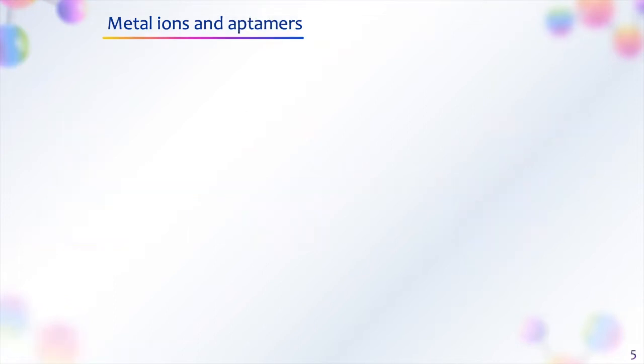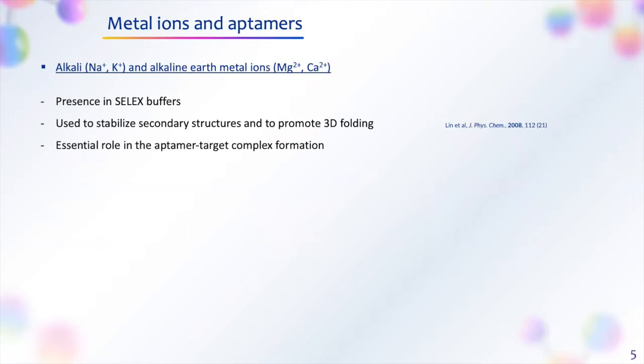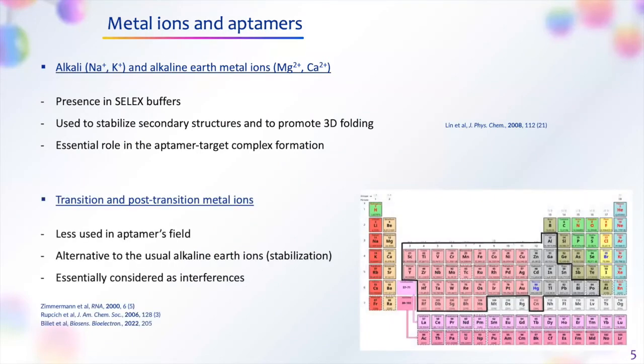In the aptamers field, alkali and alkaline earth metal ions are widely used, especially in buffers, due to their essential role in structural stabilization and in the formation of the aptamer-target complex. On the other hand, transition and post-transition metal ions are less employed.